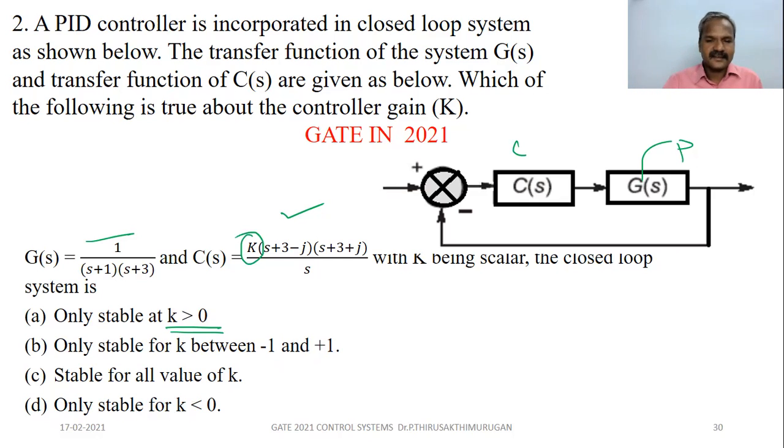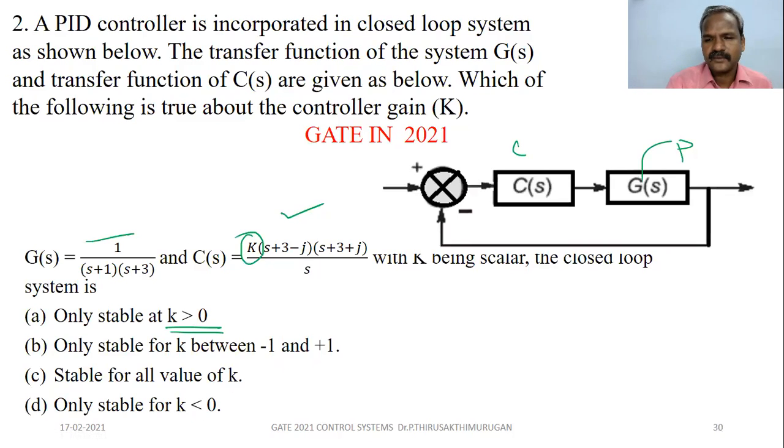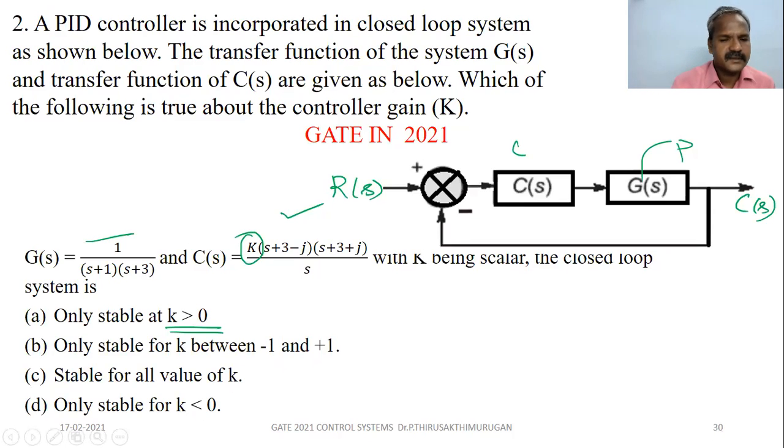Let us do the analysis. First, let us find the closed loop transfer function. This is R of s and this is C of s. So C of s by R of s equals this into this.